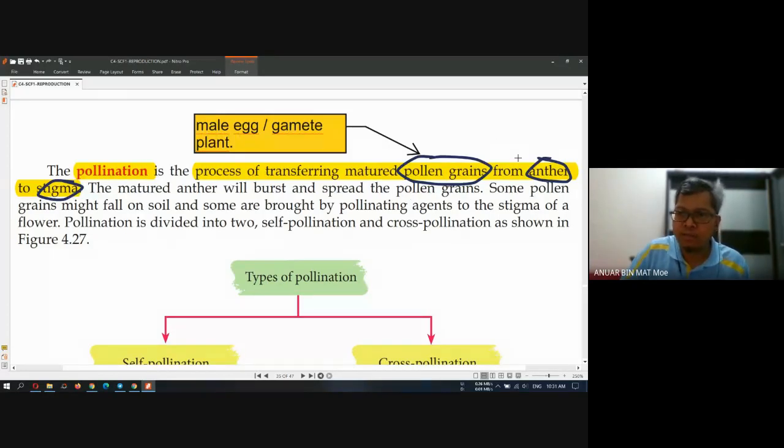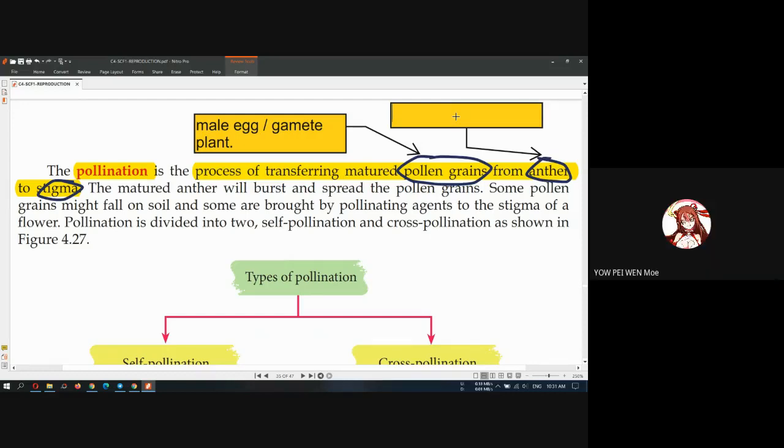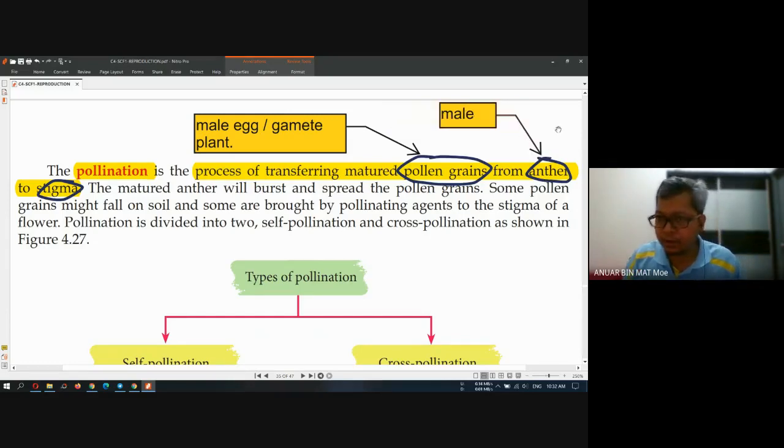Pollen grain comes from the anther. Is anther male or female? Male. That's why pollen grain is the gamete for plants.